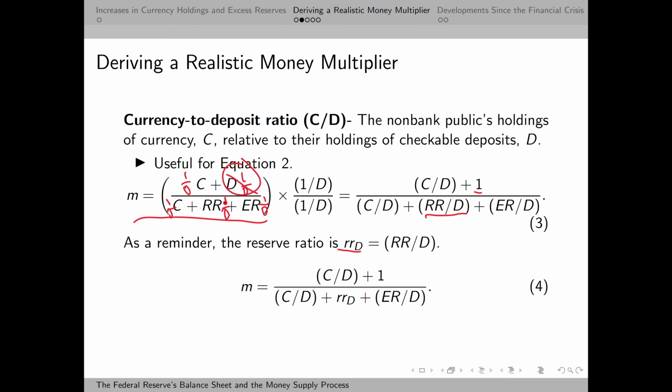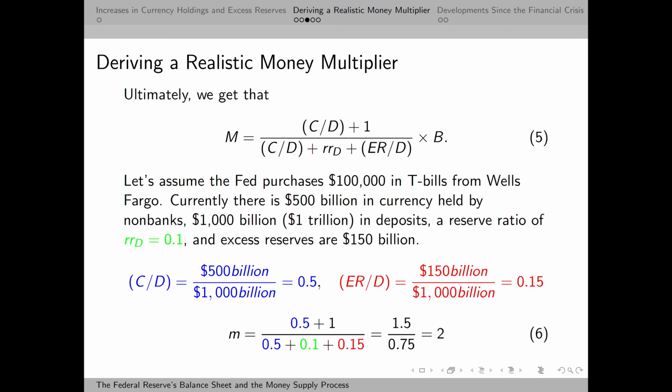Our money multiplier is going to be the currency to deposit ratio plus 1 over the currency to deposit ratio plus the required reserve ratio plus the excess reserve ratio. And so we can get a good definition of money supply in the US economy. It's equal to what we derived in equation 4 times the monetary base externally set by the Fed.